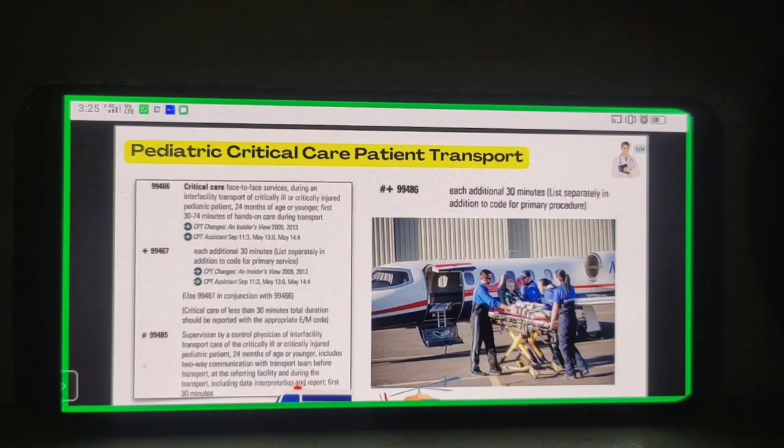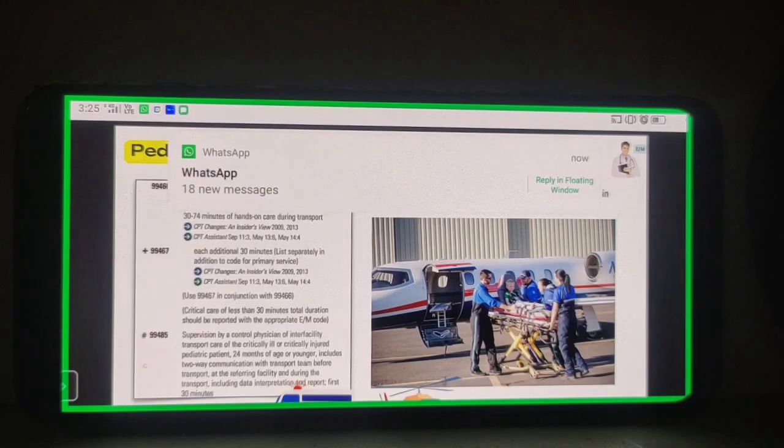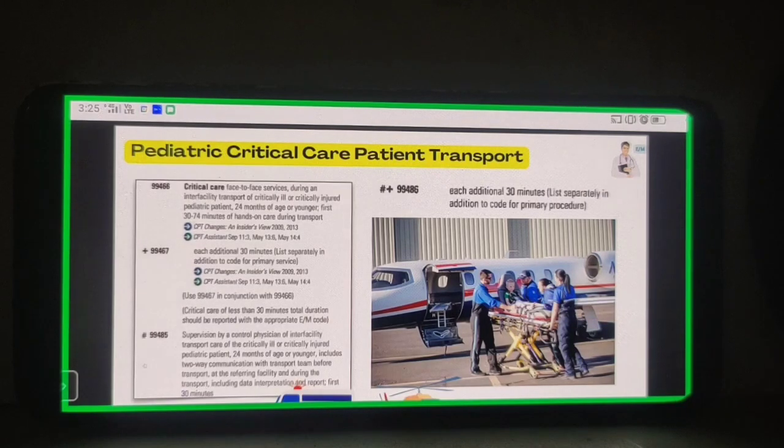But in 99485 and 99486, the doctor does not travel with the patient. So he communicates with the transport team, gives the instructions, and performs the service. That's it. In 99466 and 99467, the doctor travels with the patient and gives face-to-face service.